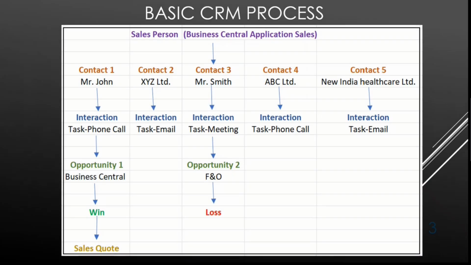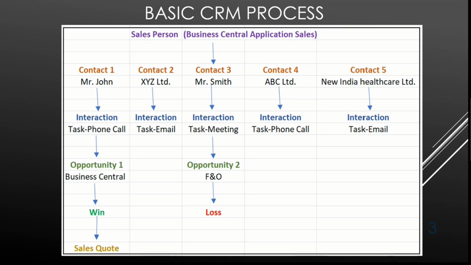So quickly moving to the slide, which we already covered in the first video, but just for understanding, I'm going through this basic CRM process. As I told you, we can use the CRM process to configure the marketing activities in Business Central.